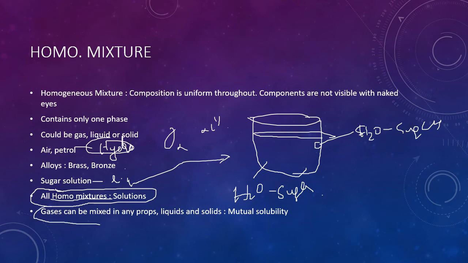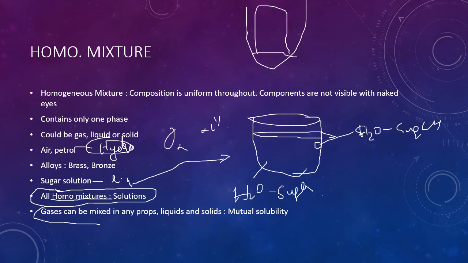When we make any kind of solution in terms of gases, you can mix it in any proportion. Like you can add oxygen of any amount, you can add hydrogen of any amount. But in liquids and solids, it depends upon their mutual solubility. For example, I cannot add a lot of sugar to this much liquid, right?